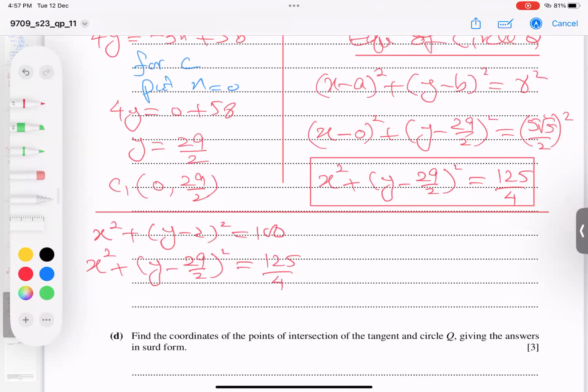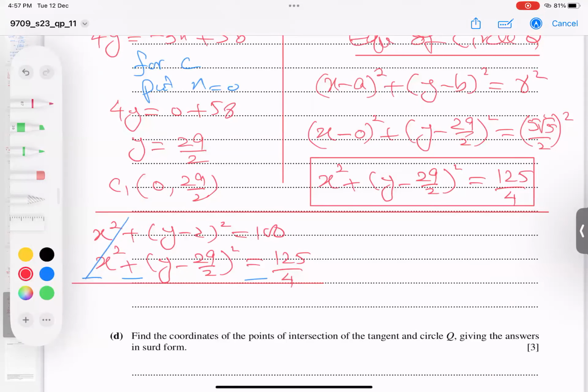Inshallah, I believe you will understand. Okay. Now, students, what is the next plan? I'm looking for the intersection. So for the intersection, I will cancel x. And now this first and this later. So it means y minus 2 whole square negative y minus 29 by 2 whole square. And this minus this, I can type in my calculator directly.